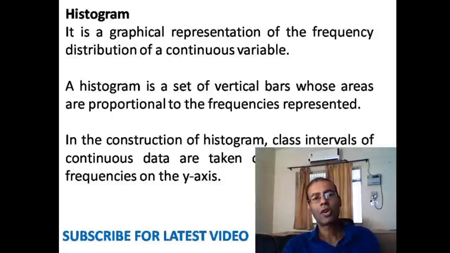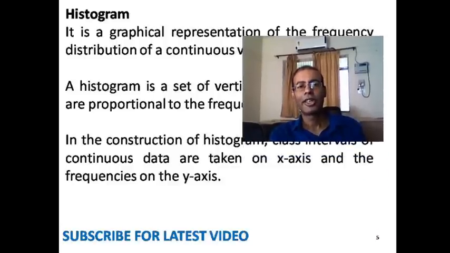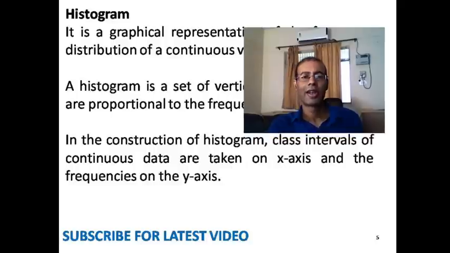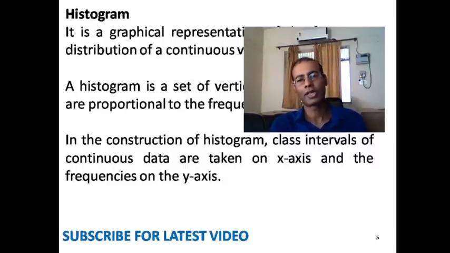In the construction of a histogram, class intervals of continuous data are taken on the x-axis and the frequencies on the y-axis. So under histogram we represent class interval on the x-axis and frequency on the y-axis.